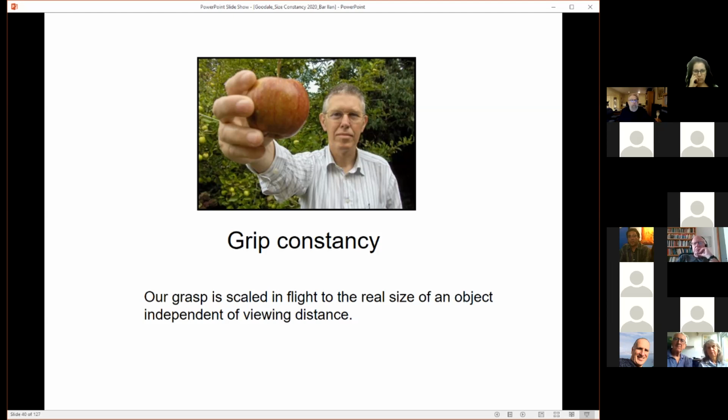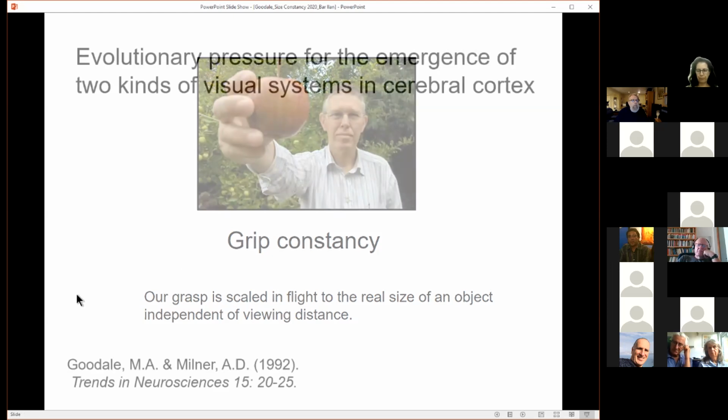So how does grip constancy work? How does it depend on the same computations that we see for perceptual constancy, or is something else happening? So that was a question we began to address.